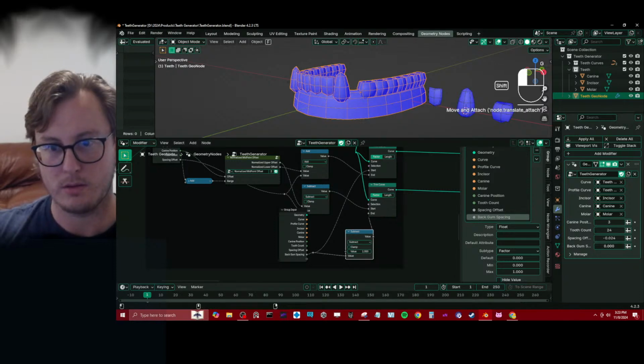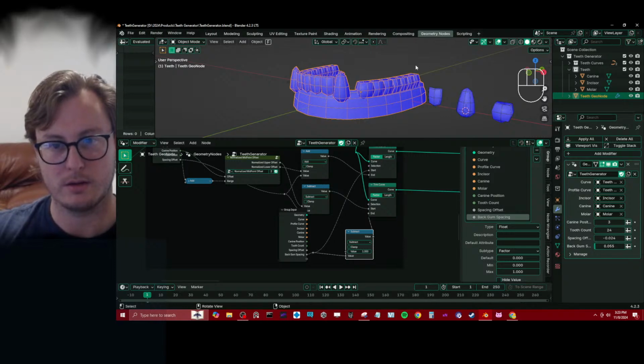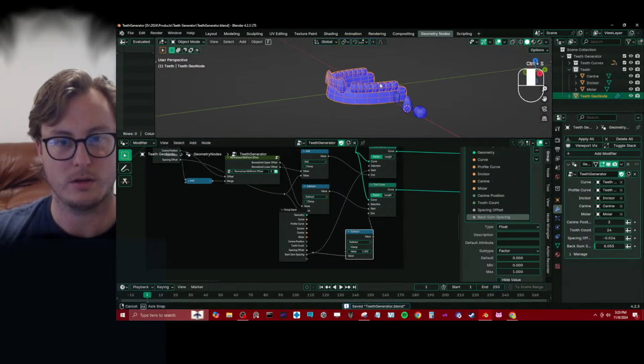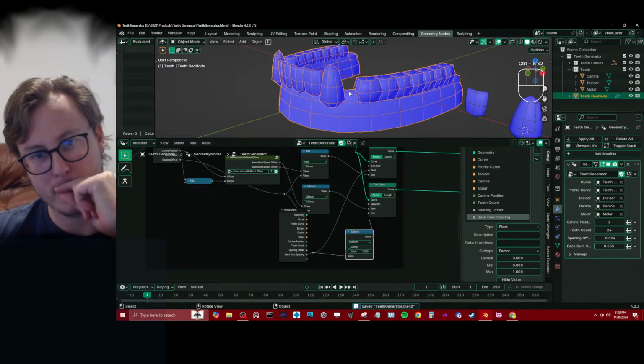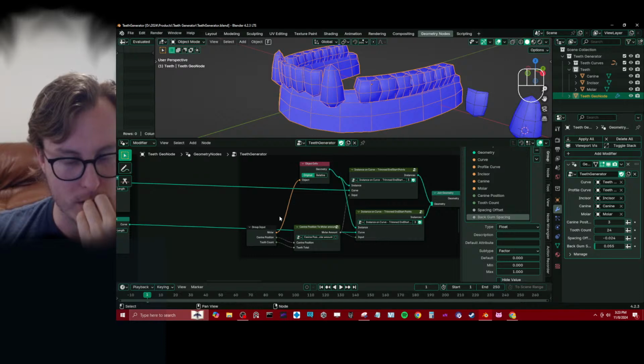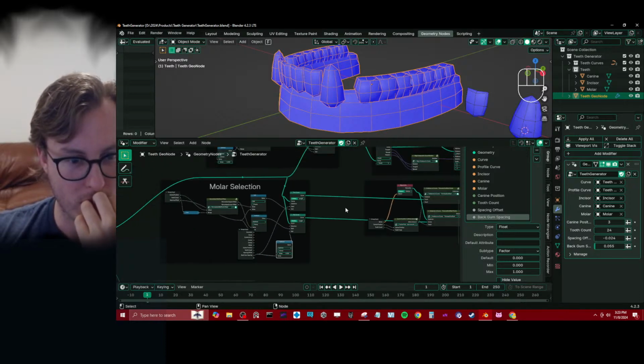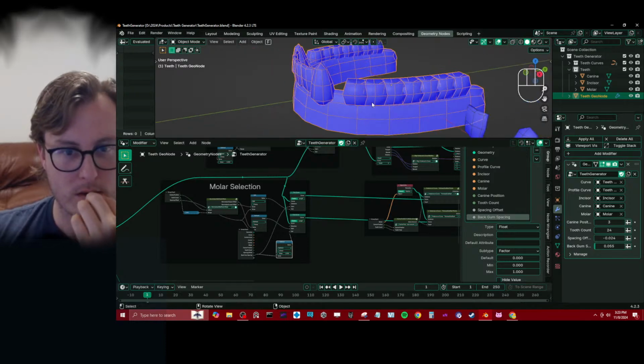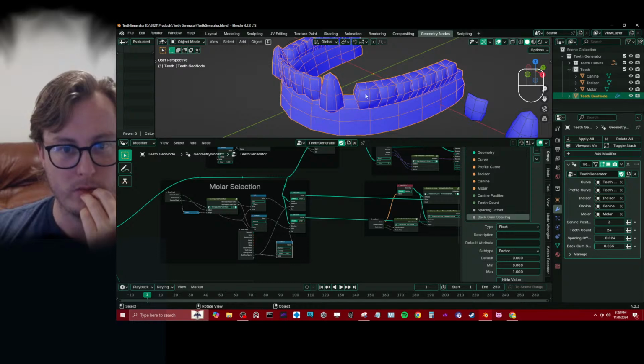This way we can push the teeth forward as we need. Okay. Still leaves this one spot open. One, 2, 3, 4, 5, 6, 7, 8, 9, 10.